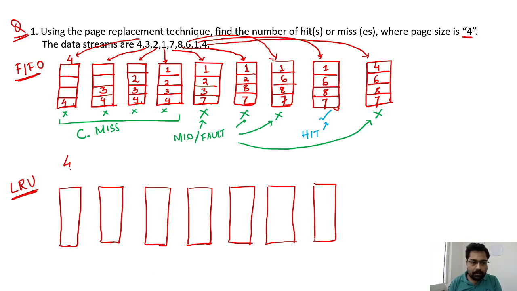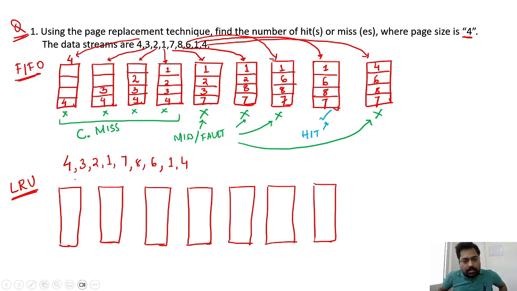First of all, you have to write the data streams once again: 2, 1, 7, 8, 6, 1, 4. Or sometimes people take one page here, and above that they write the data streams.